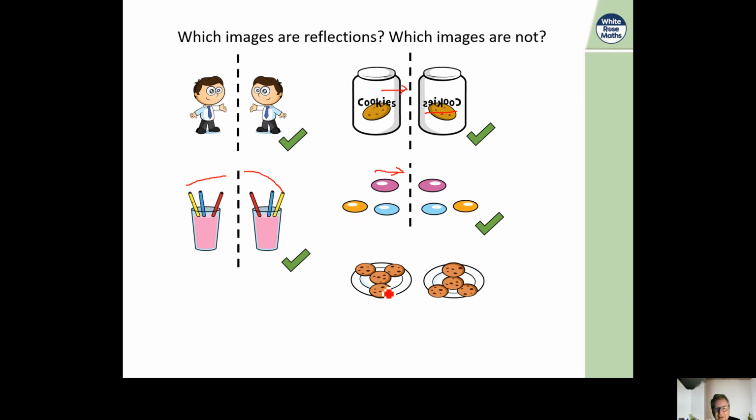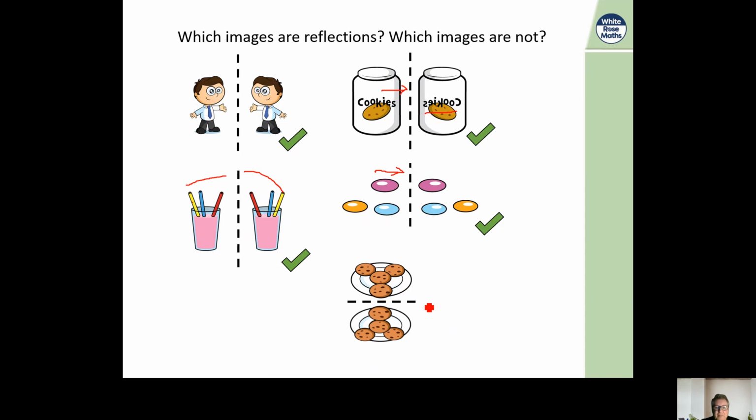Two, if it did have a mirror line, and you do whichever technique, the abstract folding technique or getting your mirror, they're not going to overlap. So what's happened is that this plate of cookies has been orientated below, and then the dotted line represents the mirror line.